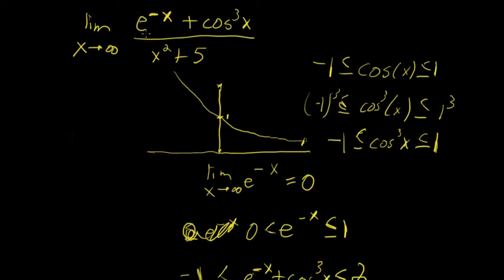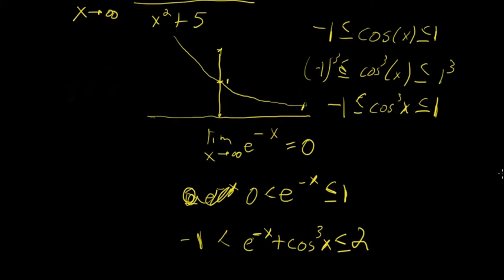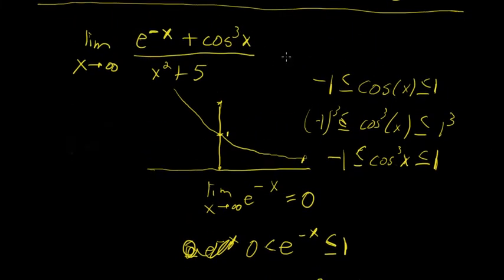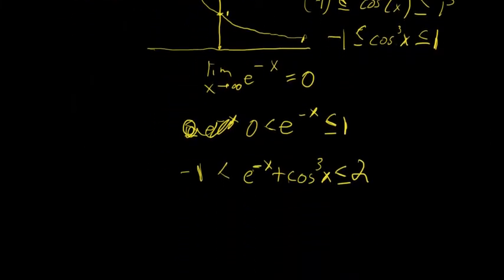Now remember, as in all squeeze theorem problems, we're trying to make this function here look like our original function. So to do that, we'll have to divide it by x squared plus 5.